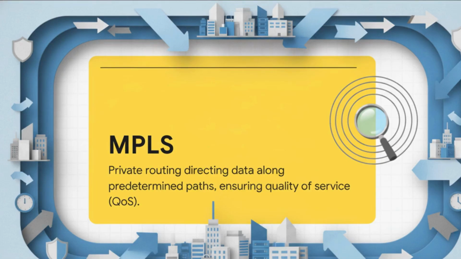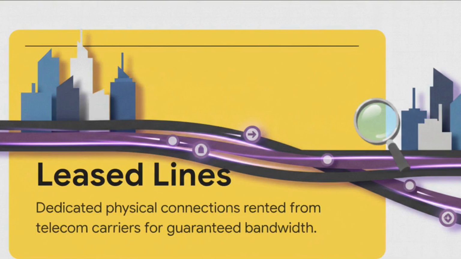By forcing data down these very specific, predetermined paths, MPLS virtually guarantees quality of service. So if you're transmitting live medical imaging or synchronizing rapid-fire banking transactions where a dropped packet is quite literally catastrophic, MPLS is your highly reliable VIP lane. No traffic jams allowed.